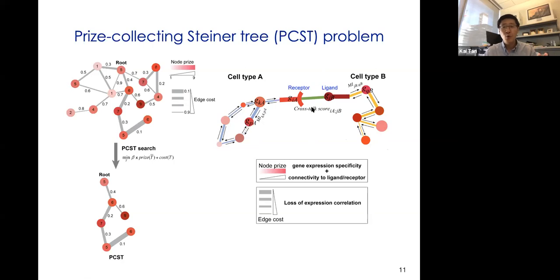Here we also require a strong crosstalk score between the receptor and ligand genes. Basically, that requires highly expressed genes and also very specific expression for the ligand receptor gene.